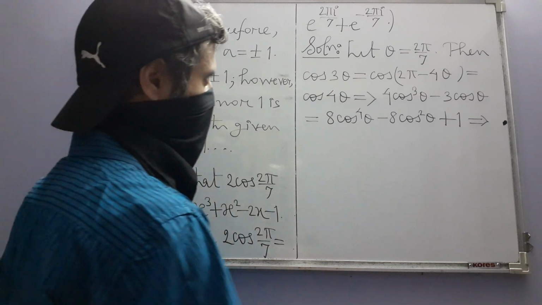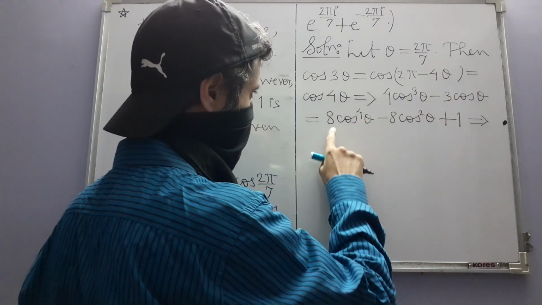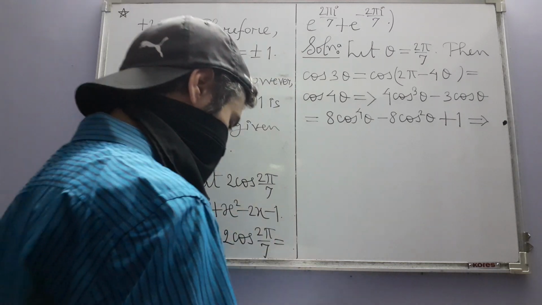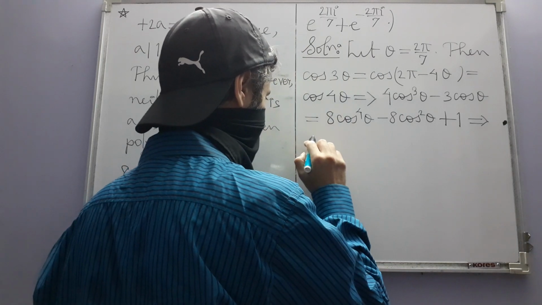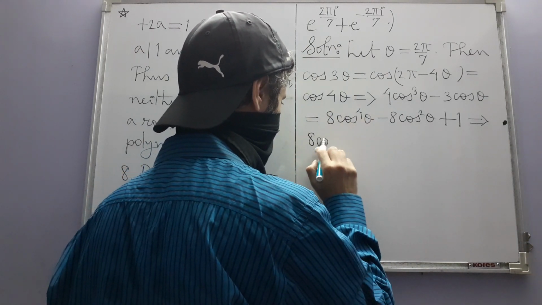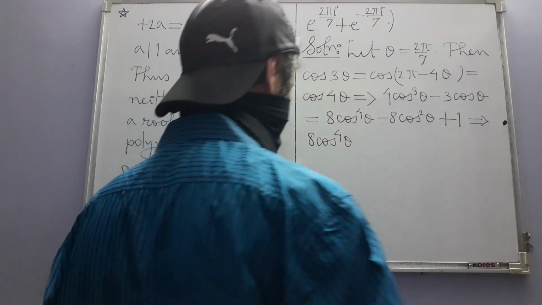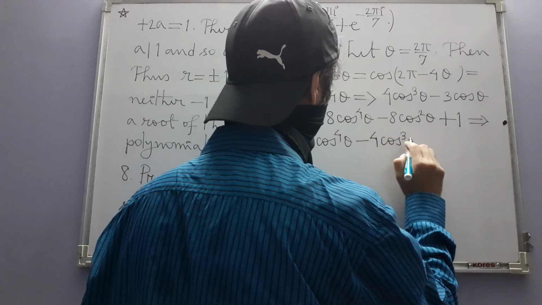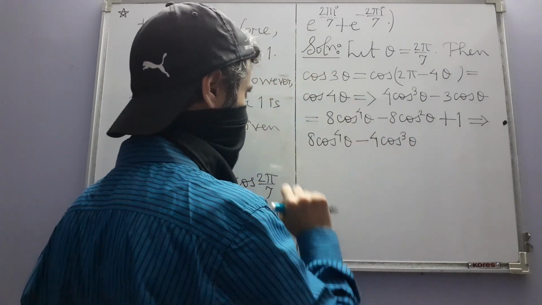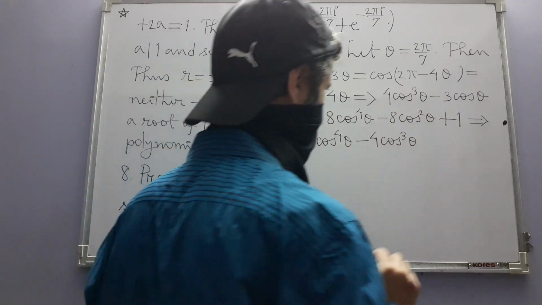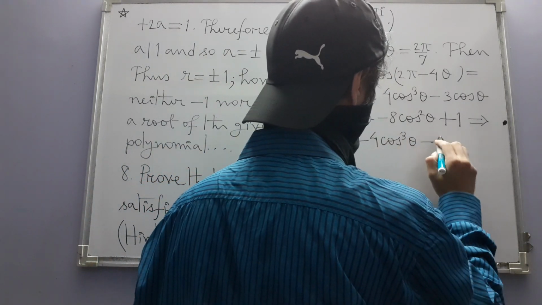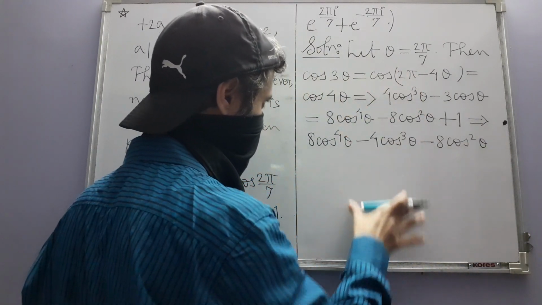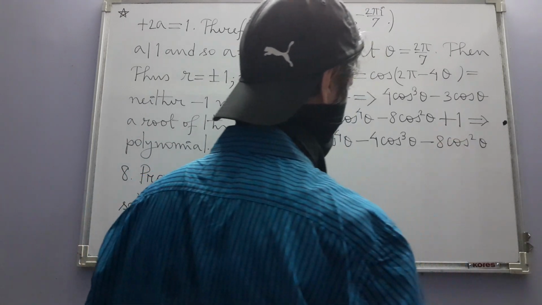Okay, so what are we getting? 4 cos cube theta minus 3 cos theta is equal to this. Now let's bring all the things to one side. So that gives us, and if we arrange things according to the exponents of these powers, then we get this: 8 cos to the power 4 theta minus 4 cos cube theta minus 8 cos square theta, plus 1.